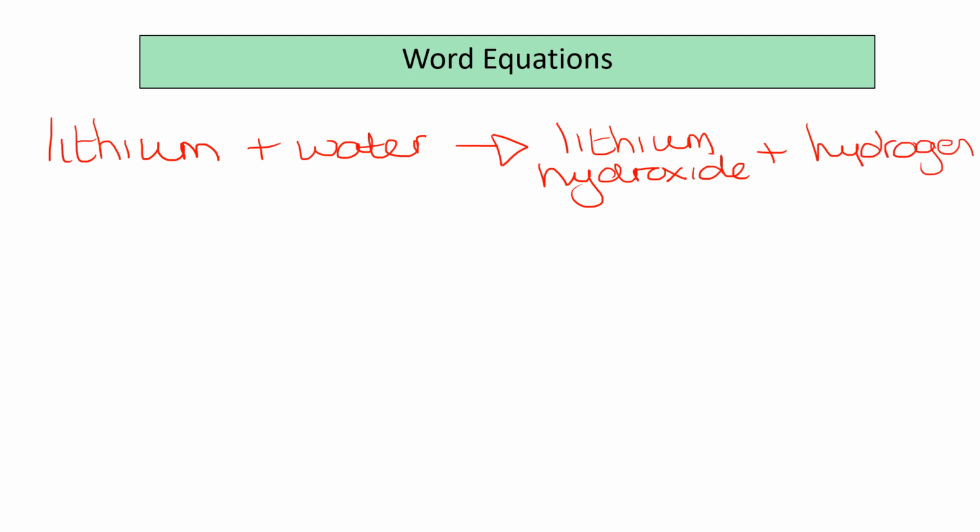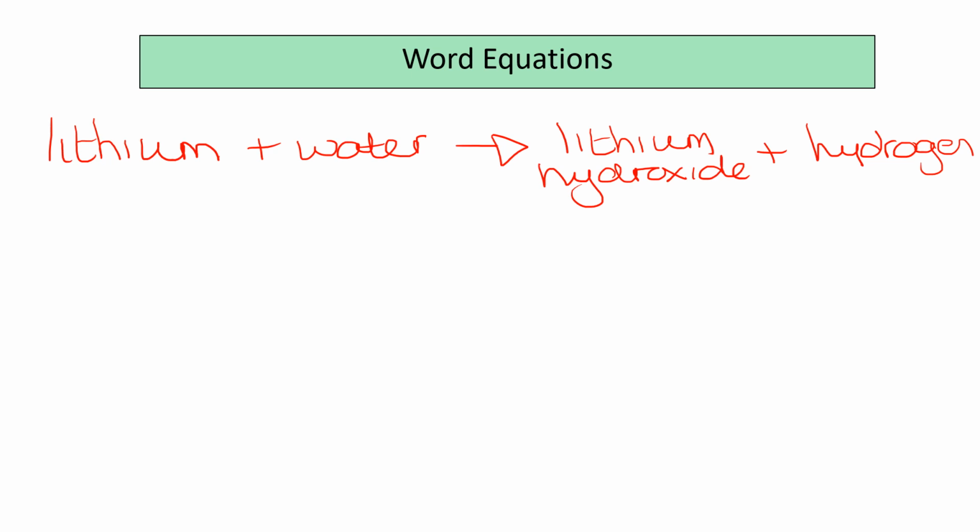Hydrogen was produced, represented by the fizzing that we saw in our observations. Lithium hydroxide was the solution that was remaining in the beaker or in the trough, and it produces a purple alkaline colour with universal indicator.